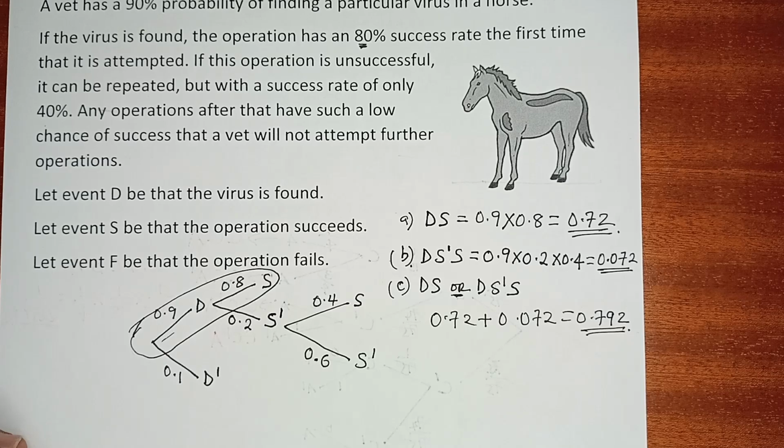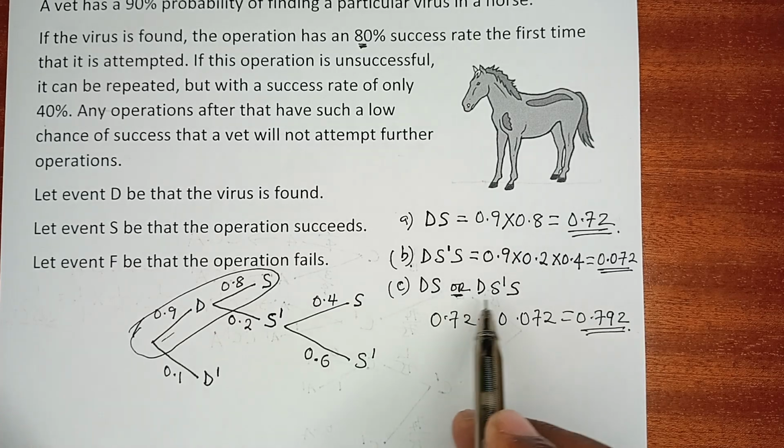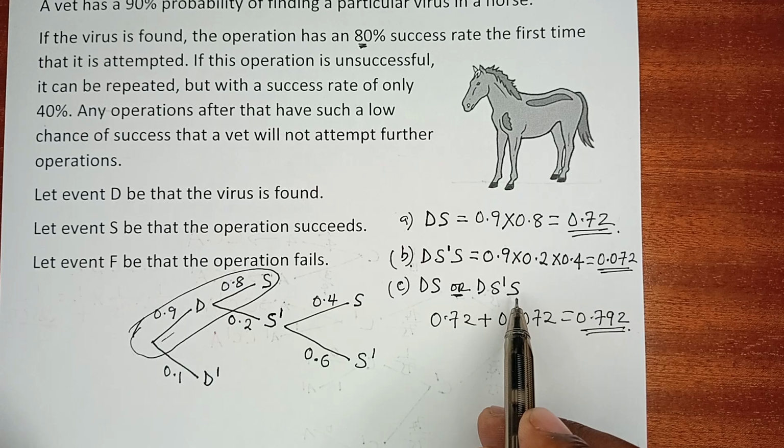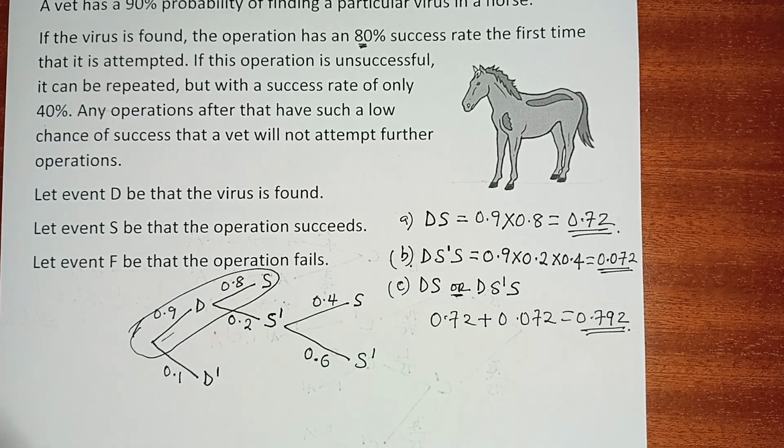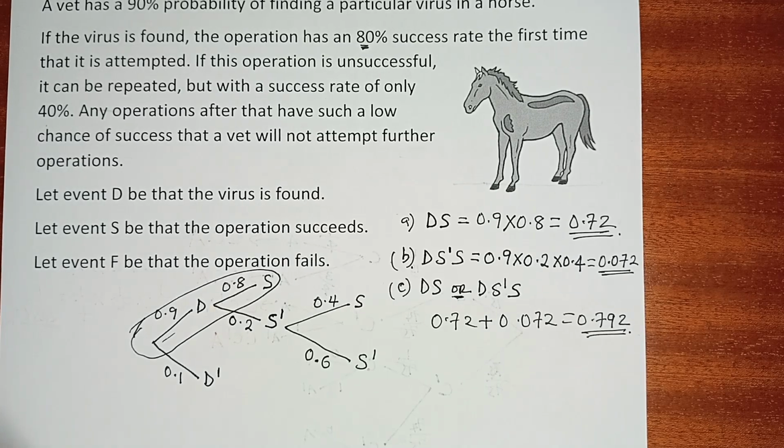This is the probability that an infected horse is cured, either by the first attempt or by the second attempt. But in both cases, the virus has to be detected. That is how we can easily solve that question.